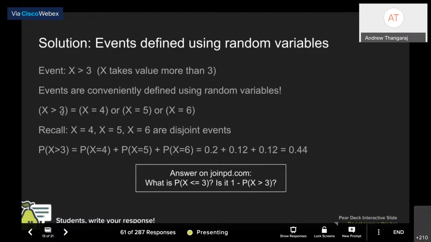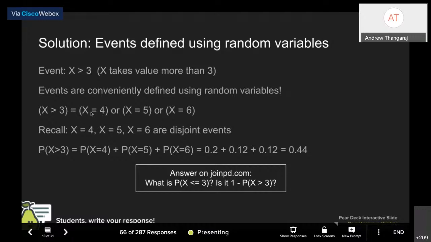Notice how this is done. X greater than 3 in this case is the same event as X equals 4 or X equals 5 or X equals 6. Notice I've used the word or there. You know what or means; it's a technical word in probability. Now you recall these three are going to be disjoint.